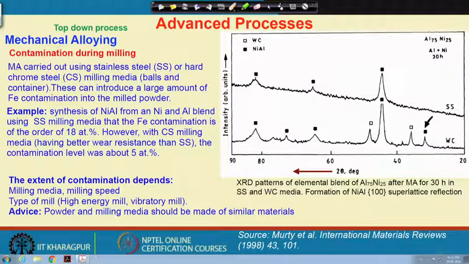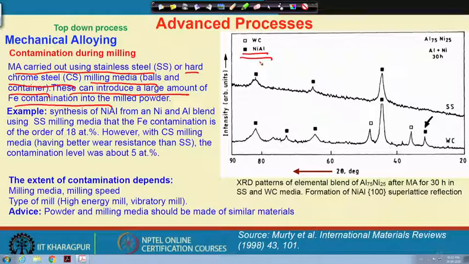What I mean is, let us say mechanical alloying is carried out using stainless steel or hardened chrome steel as the milling media, the ball and the container. That can introduce a large amount of iron contamination in the powder. Let us say I take an example where I want to produce nickel aluminum intermetallic or some solid solution phases.